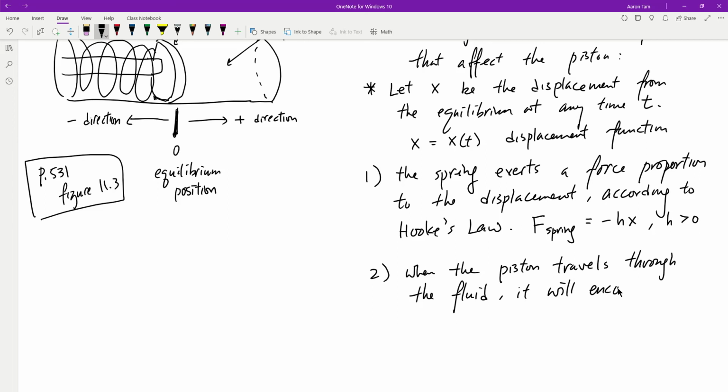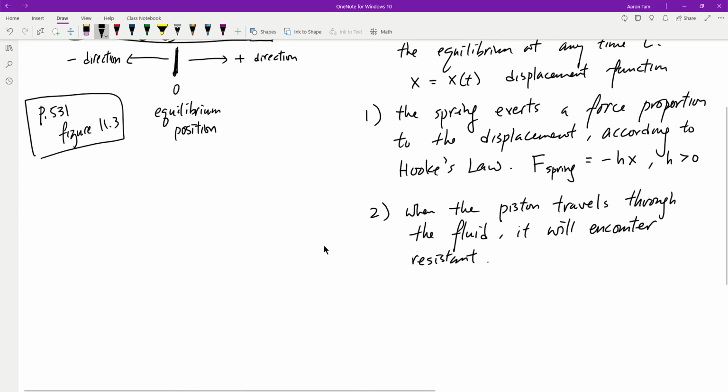Even if it's air, and if you move fast enough, you will still experience resistance. And that resistance is often a frictional force that is proportional to the velocity of the piston.